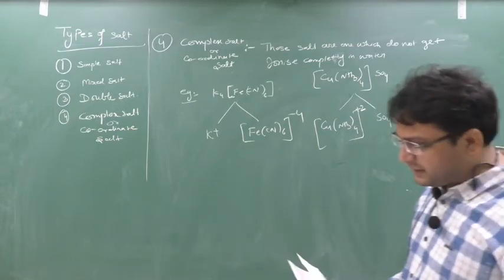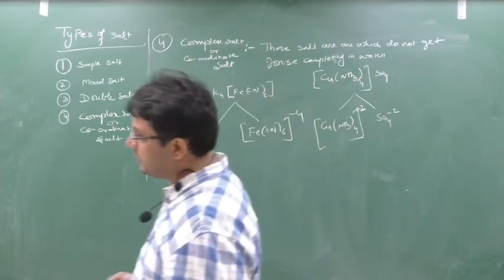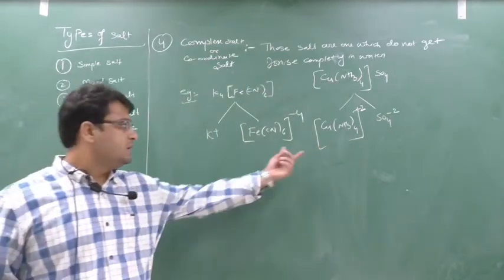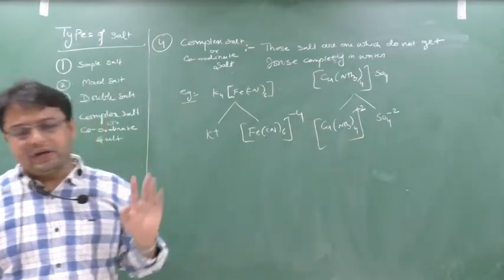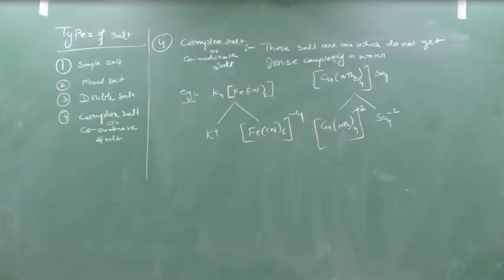Whose identity? This complex, this coordinate, this square bracket thing will retain its identity. Clear this part? So pause the video and write down if you want to write something.